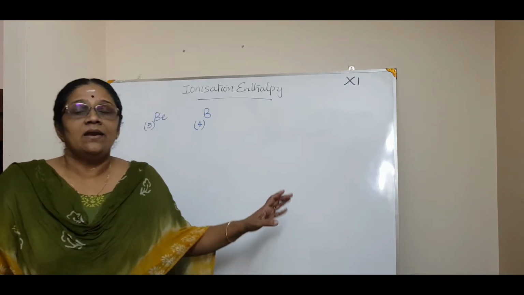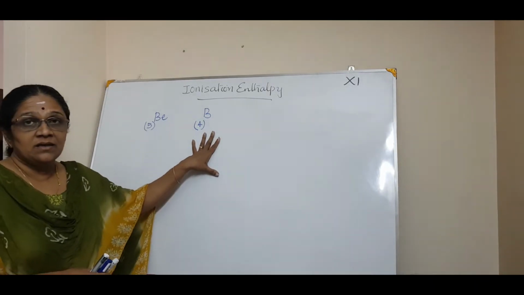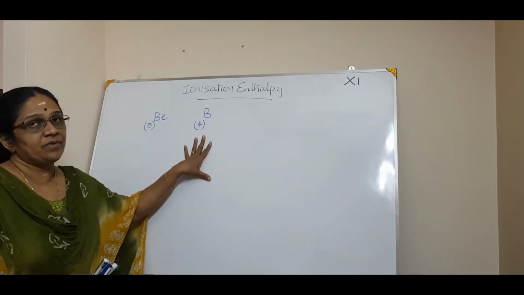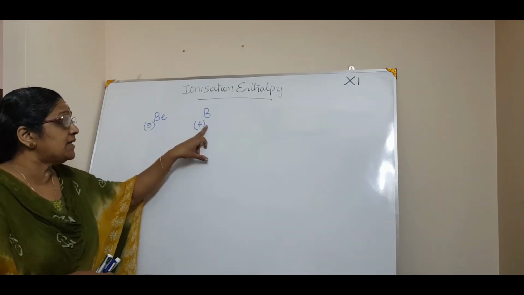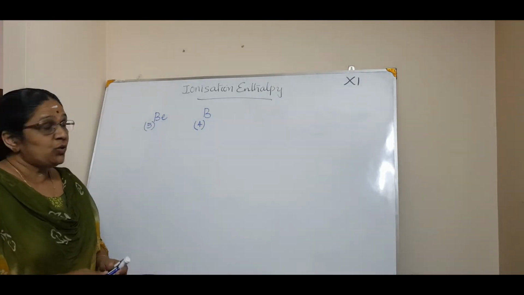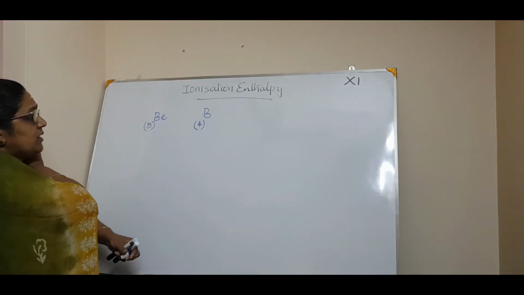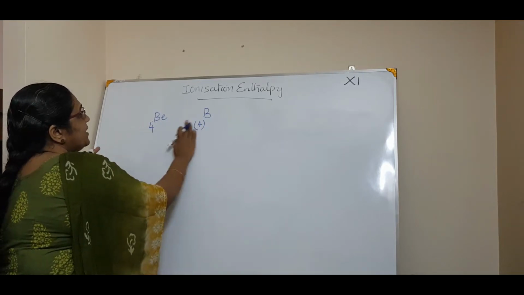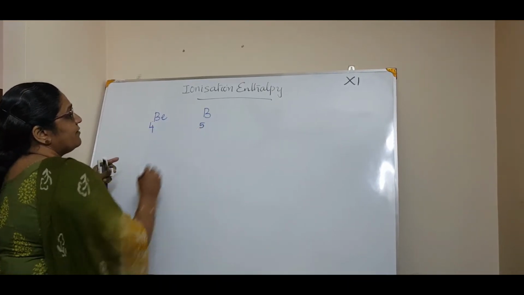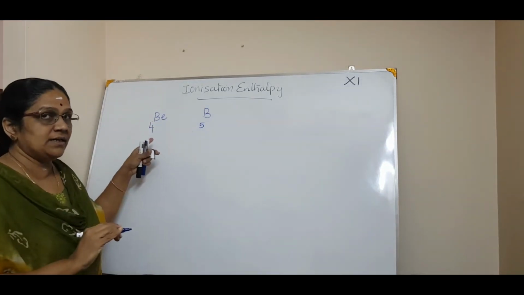Okay. Now in the case of ionization enthalpy, some exceptions are also there. First today we will see an exception in the case of beryllium and boron. Sorry, lithium, beryllium. Beryllium has an atomic number of 4 and boron has an atomic number of 5, isn't it? Because lithium, beryllium, boron, carbon, like that.